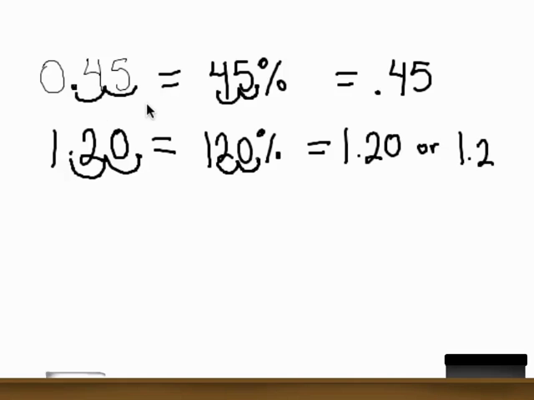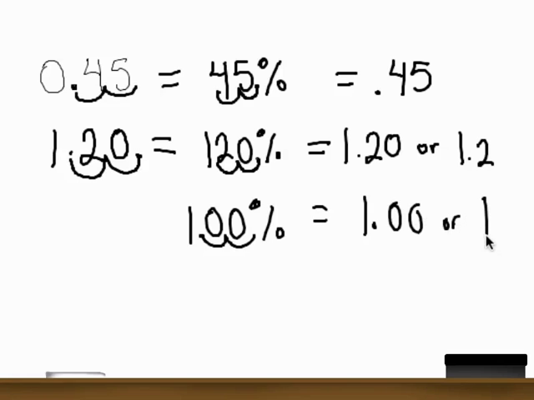Remember that when you are changing decimals to percentages, all you're really doing is multiplying by 100. This is because all percentages are based on 100% being the whole. Remember how we talked about percentages and fractions being parts of a whole. 100% is the same as 1; you can see here, if we move the decimal, 1.00 or 1, which is the same as 1 whole.